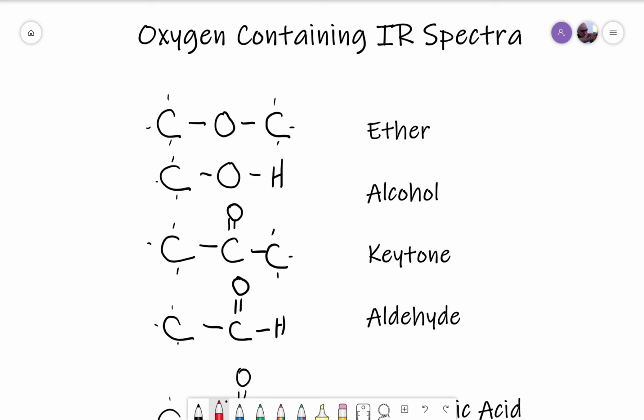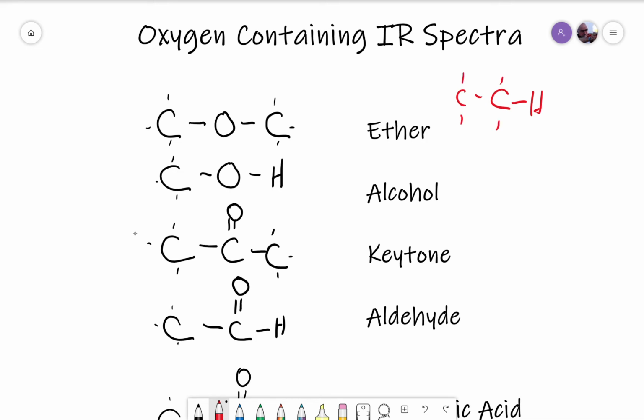Okay, let's continue talking about the structural specificity of IR spectroscopy. When trying to determine the structure of a molecule using an IR spectrum, it's important to remember that largely this is used for hydrocarbons, which means carbon and hydrogen.